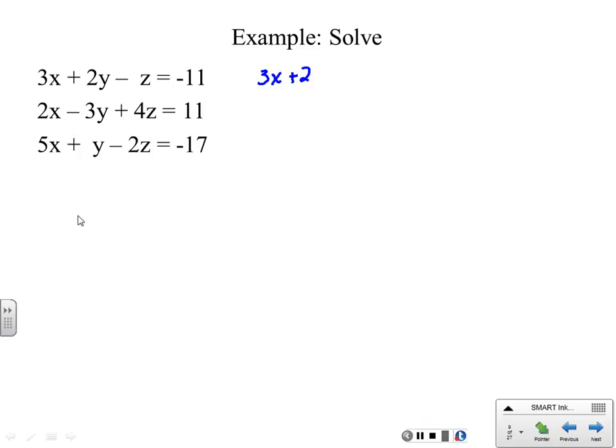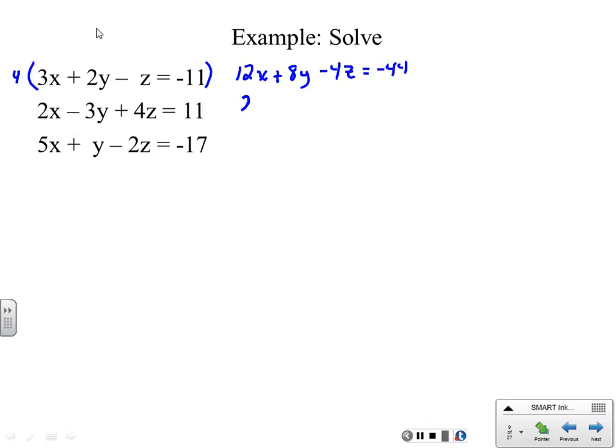Well, I'm going to go ahead and do the multiplication then. I'm going to get rid of z's. I'm going to use the top two. And I'm going to get rid of the z's, so I'm going to make opposite 4s. I already have opposite signs, so all I have to do is multiply that top equation by 4. So I'm going to have 12x plus 8y minus 4z is equal to negative 44.